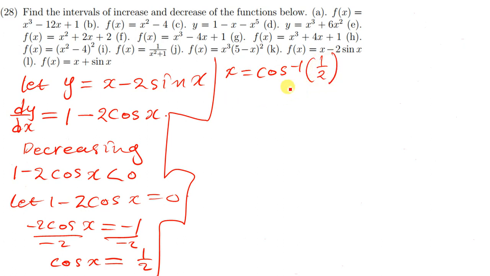So we know that cos inverse of half is simply 60 degrees. If you want, you can take 60 degrees, or you can take it in radians, which is just pi over 3 radians. You can either use degrees or radians. Okay, so I'm going to go for degrees.